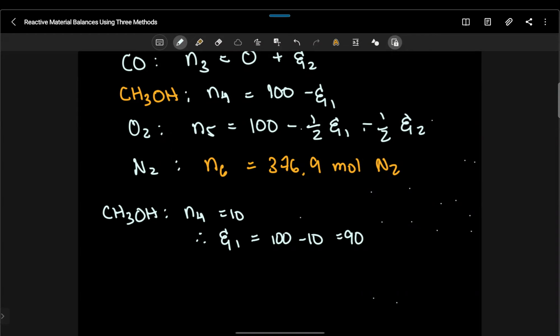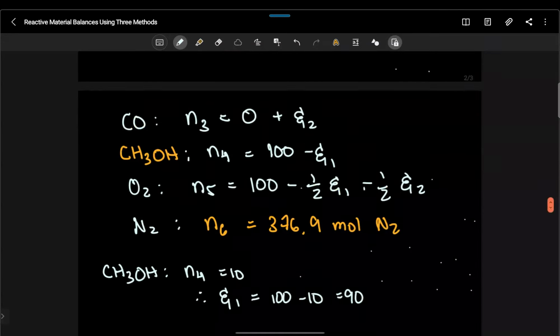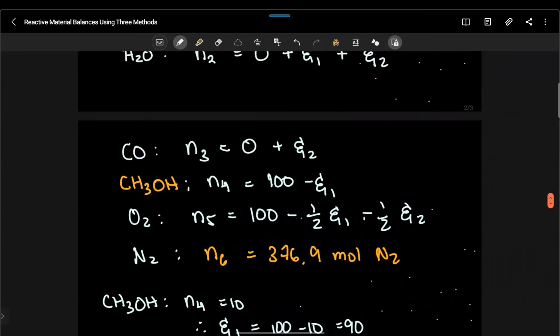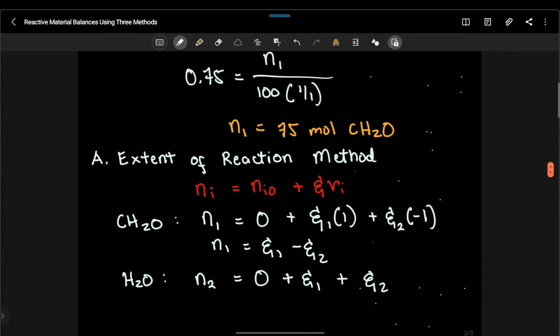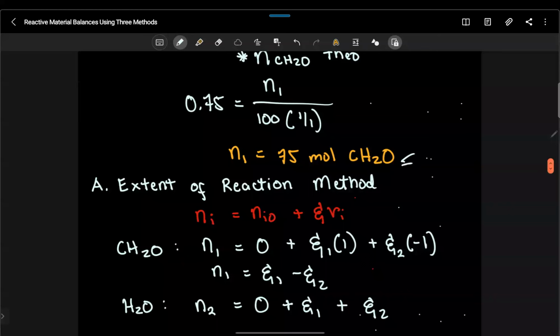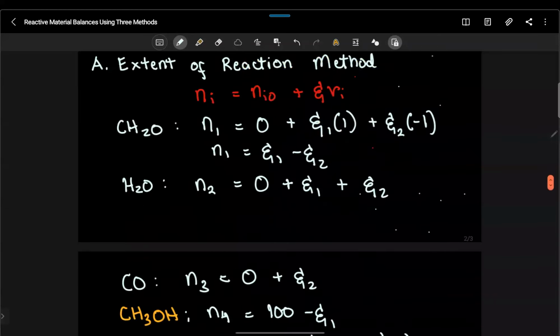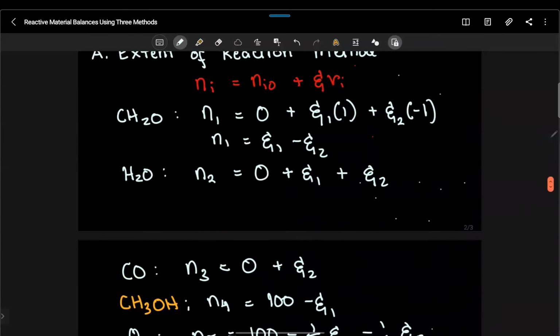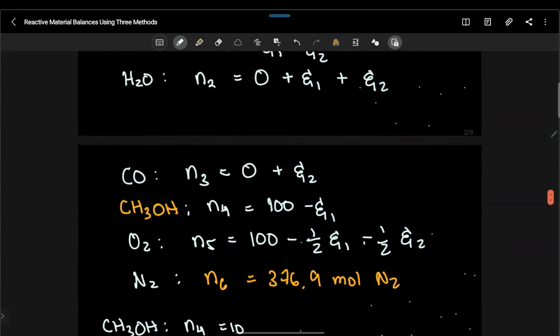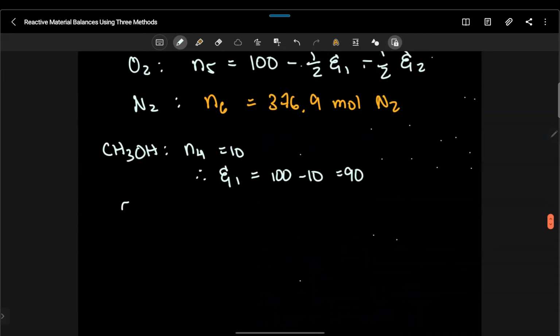Now, how about yung yield kanina? Di ba? Nakuha natin yung N1 as 75 moles. So, nasan ba si N1? Na kay formaldehyde. N1 equals extent 1 minus extent 2 daw. So, si formaldehyde, kung babalikan mo yung kanyang extent equation, di ba?